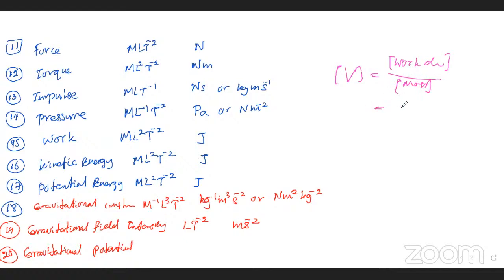The work done has the dimension ML squared T minus 2. Mass is M, M cancels, so it becomes L squared T minus 2. So its dimension is M0 L squared T minus 2. You can write it this way, and without this M also you can write, right? And its unit is joules per kilogram. Work done is measured in joules and mass is measured in kilograms, so it becomes joules per kilogram: how much joules of energy for 1 kilogram of mass.